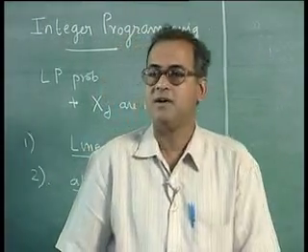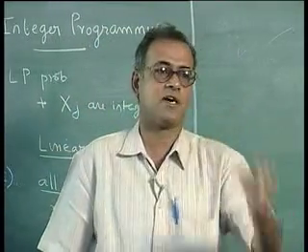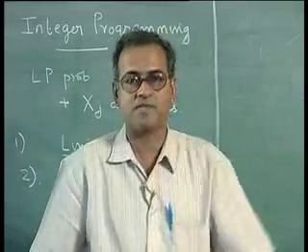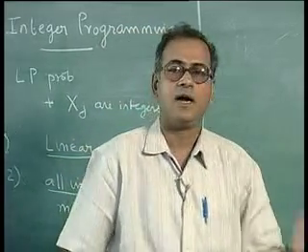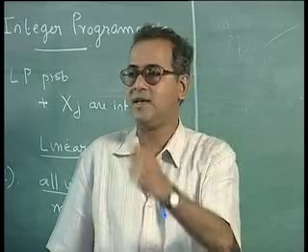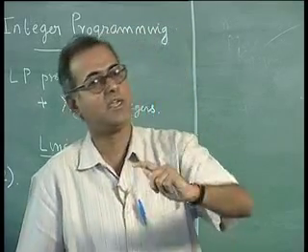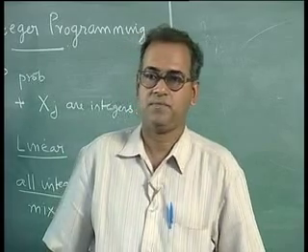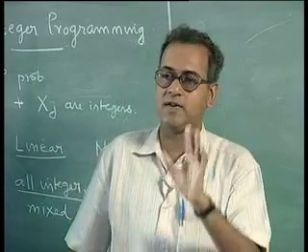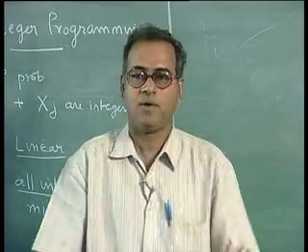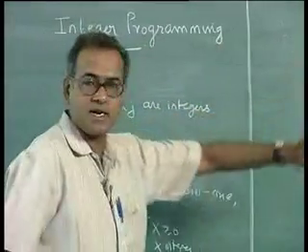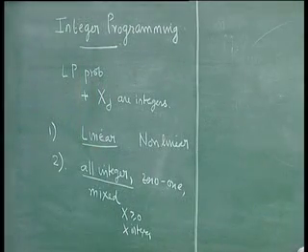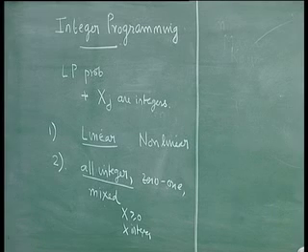If it is not, then you still do things which are under the purview of LP, keep solving LPs in successive iterations and somehow get the optimum LP to be integer valued, so that it is also optimum to the IP. Algorithms to solve integer programming problems are developed that way. Right. After this, let us go back and try to formulate some practical situations which are integer programming problems.